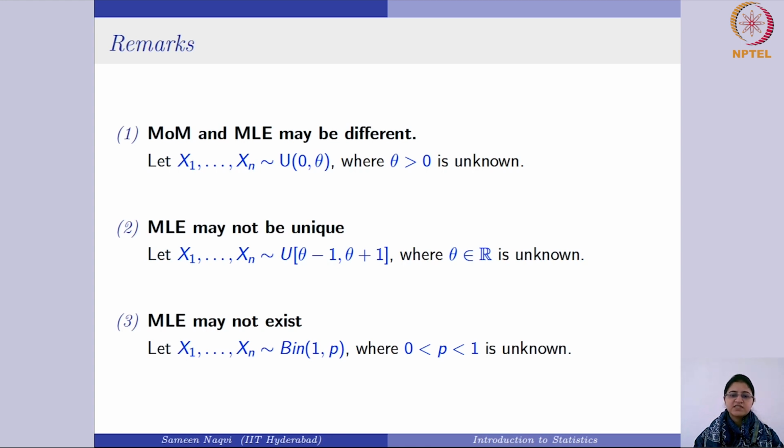If all the Xi's are 0, the sample mean would be 0, all failures. If all of them are successes, you would get 1. So we will see these two situations. I will explain it to you.